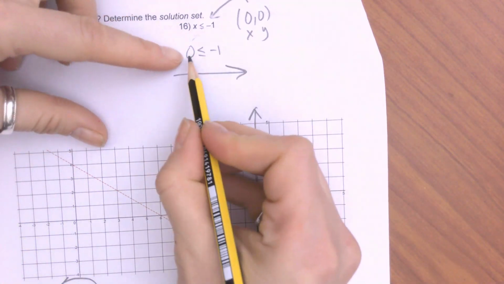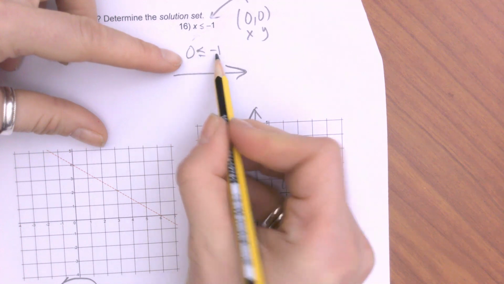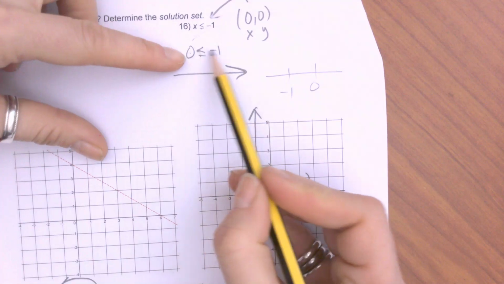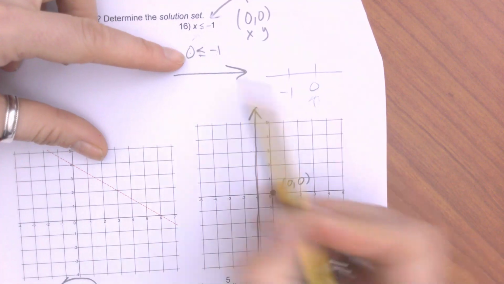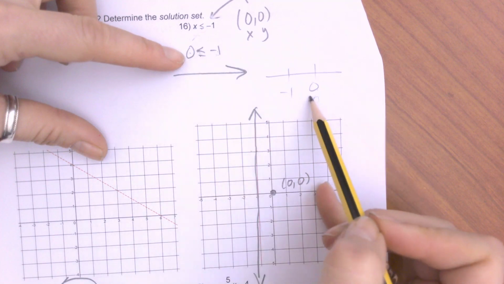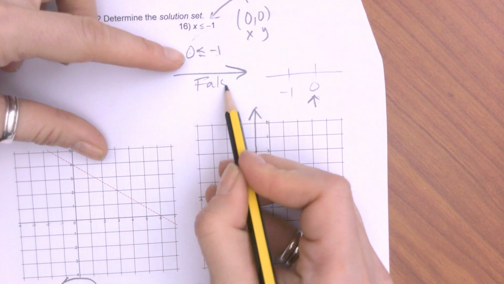Let's read it. 0 is smaller than or equal to -1. Is 0 smaller than -1? No, 0 is bigger. So this is false.